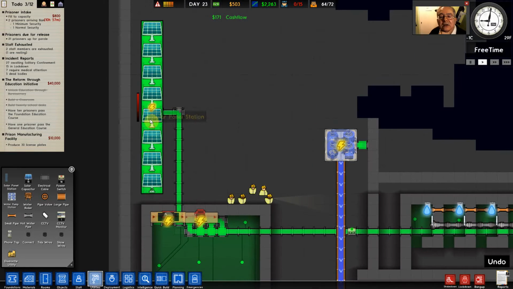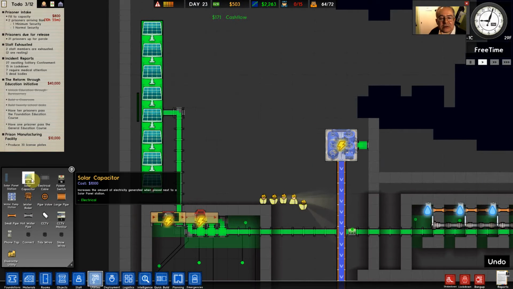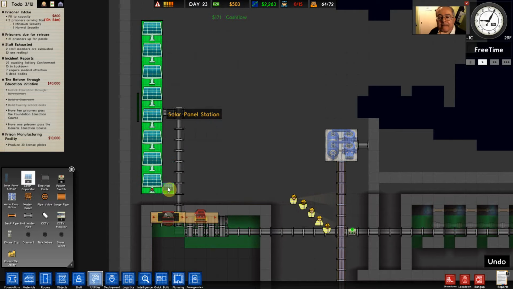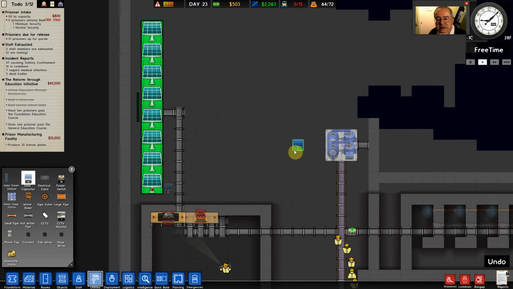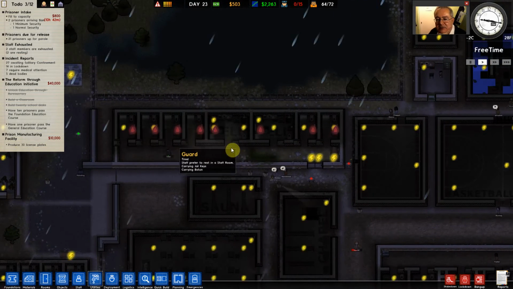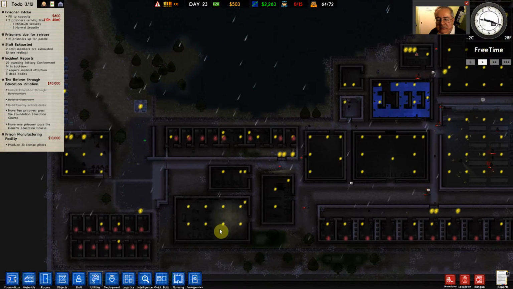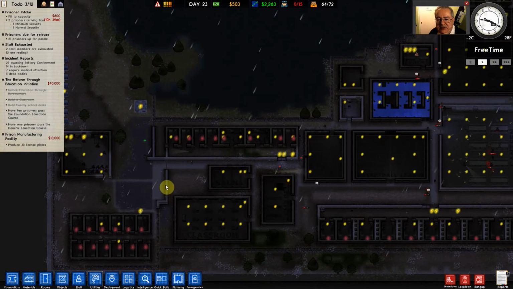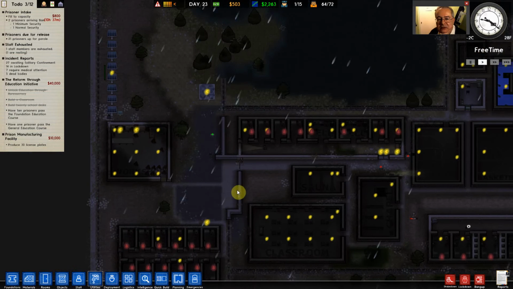Close. It's very close. Can I put a capacitor? One capacitor will do it. It's right up to the limit. That was so close. But these cells are getting there, are they? Or is it off?